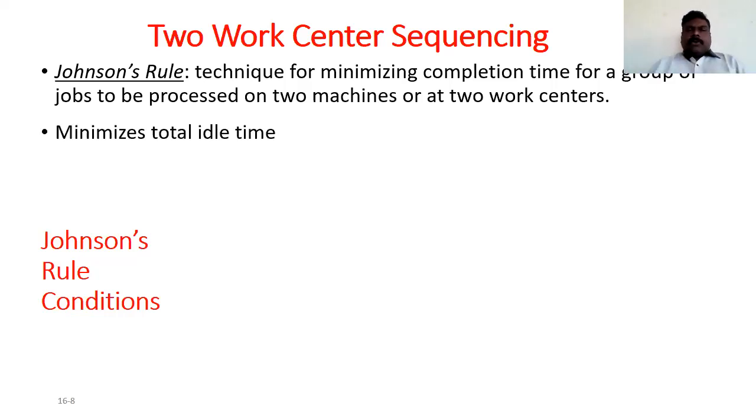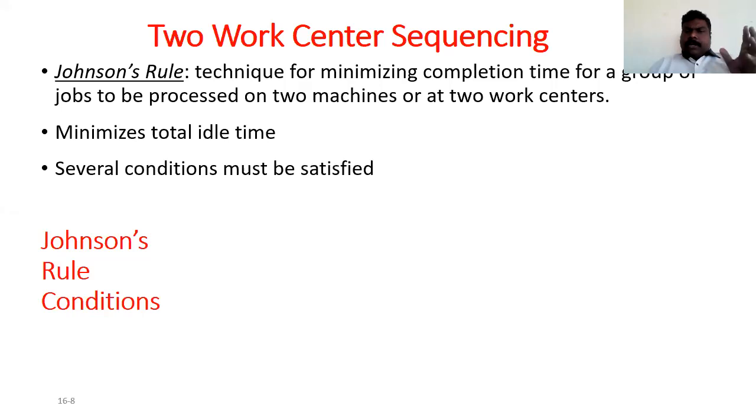So it's Johnson's rule, minimizing the total idle time. This rule is used in order to reduce the total idle time. So if you want to reduce this, you compulsorily need to do something. Here, Johnson's rule, we will be solving problems in the next class, in which we will see how this rule is applied in order to make the sequence of jobs.